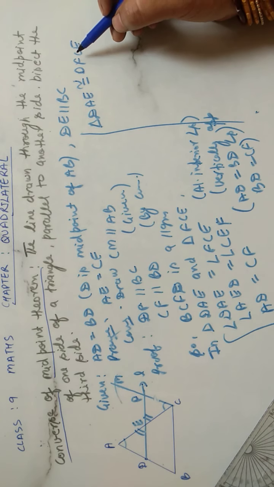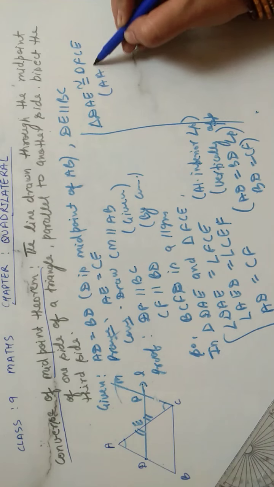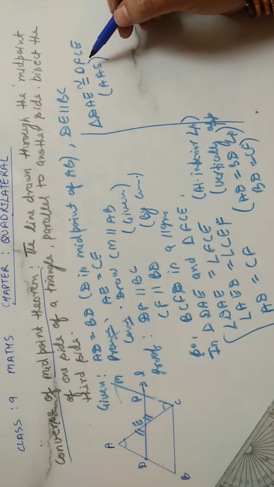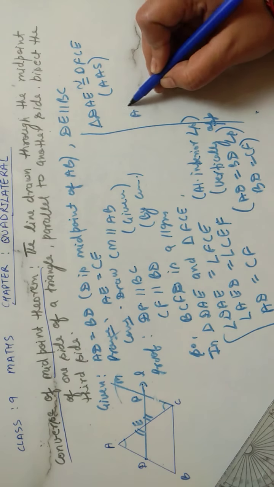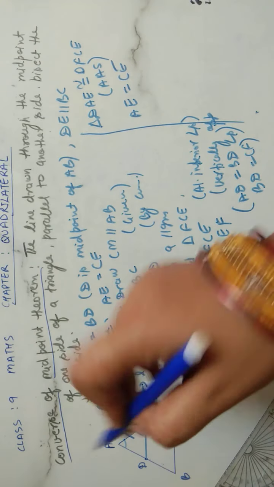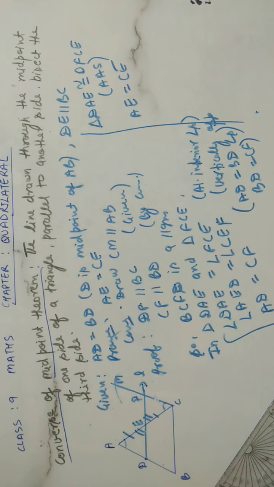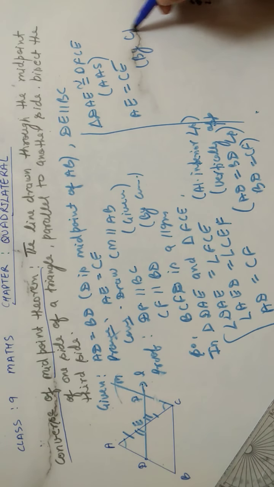The congruence criterion is the AAS rule. These two triangles are congruent. Once these two triangles are congruent, the remaining parts are equal. So AE is equal to CE by CPCT.